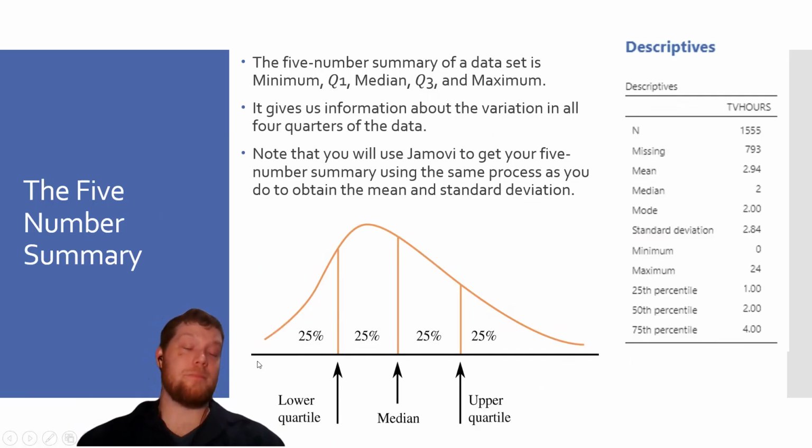We know our minimum and the lower quartile, then we know 25% has to range between here. Between the lower quartile and the median, or Q1, is here. 25% here and 25% here. And Jamovi can actually get you the 5-number summary using the same process you might use for the mean and standard deviation. It gets us all of these values, so we don't have to calculate anything on our own.